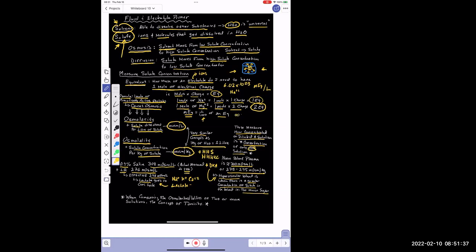So if I draw a cell membrane, right, it's the phospholipid bilayer, and then embedded in that cell membrane, we have little pores, actually known as aquaporins. And then we have other protein channels. And sometimes these protein channels can allow solutes to move in or out.